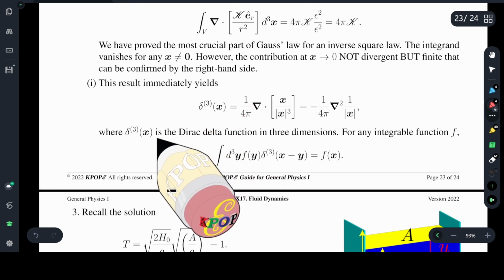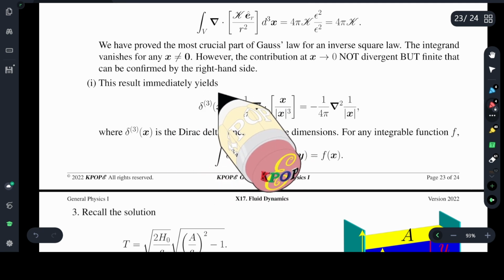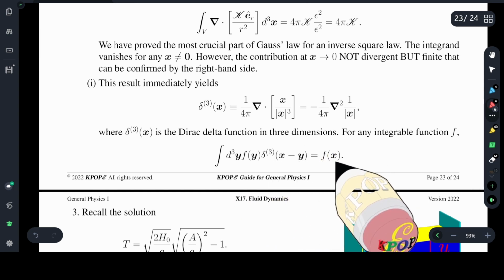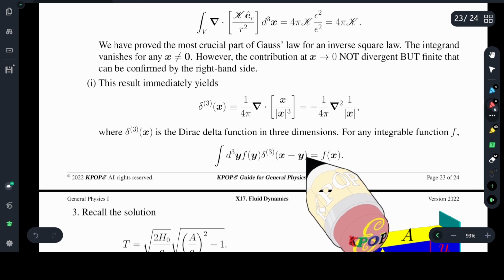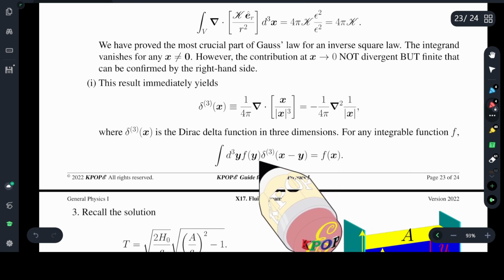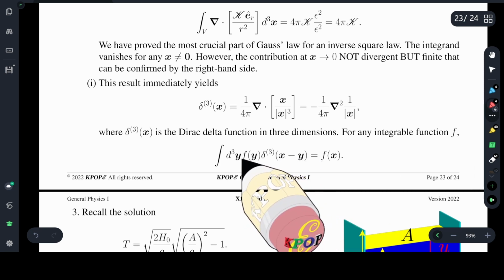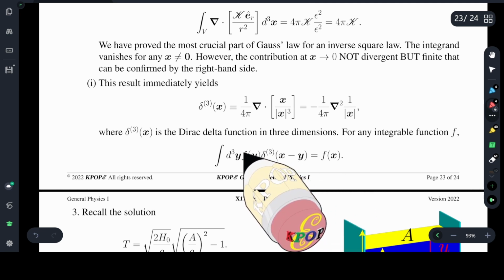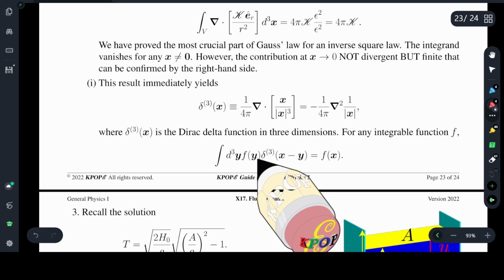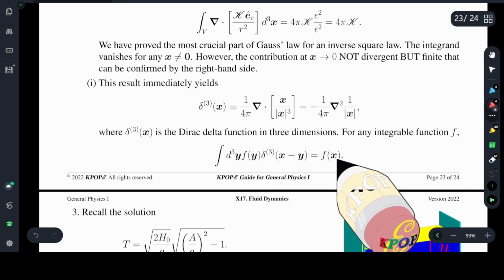And if you multiply this to another function, you will get the value at 0. But if you replace with the x minus y style, then if you integrate over y, you end up with the result with the same function, except that the argument is replaced with x.